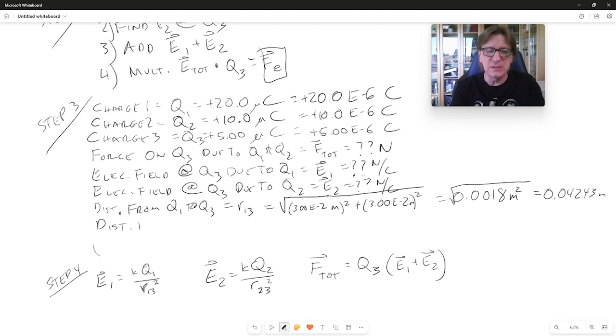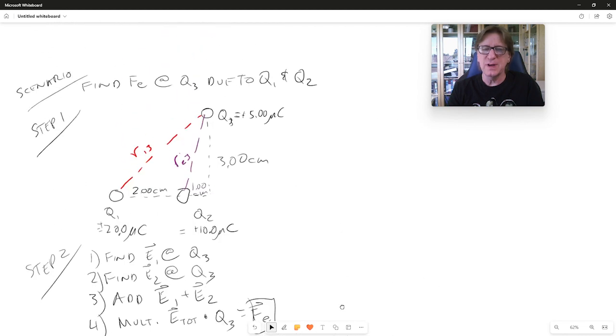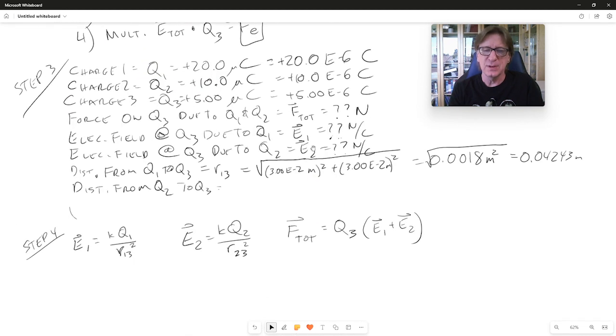We're going to do the distance from Q2 to Q3. Going back up to our picture here, we define that to be R23. So we'll do that here. That's R23, and it's going to be set up basically the same way.